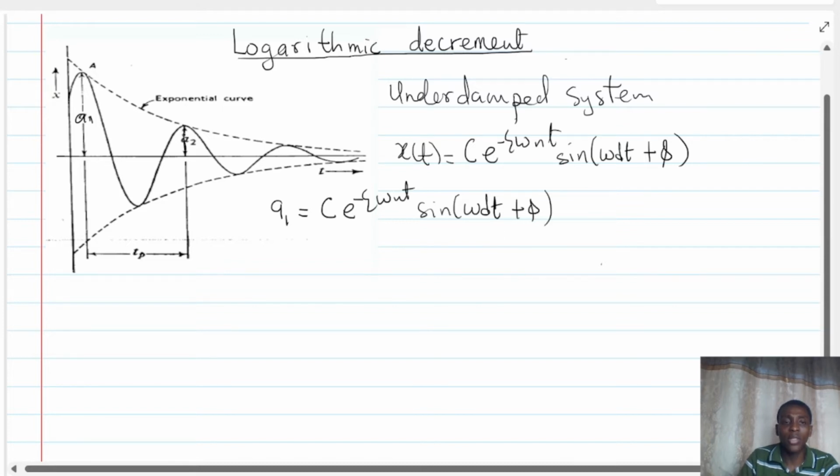Looking at the second amplitude, I can also write it in the same manner, but this time around I'll do e^(-2ζωn t) sin(2ωd t + φ).